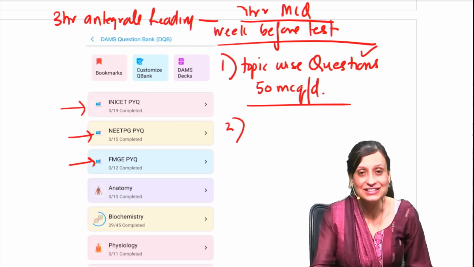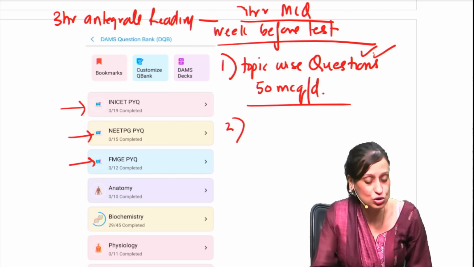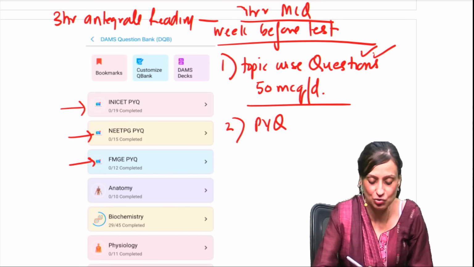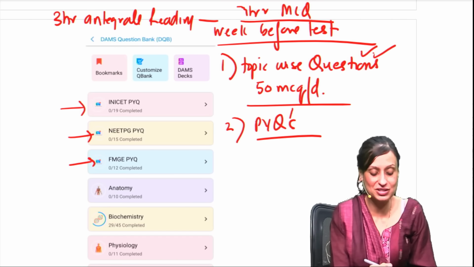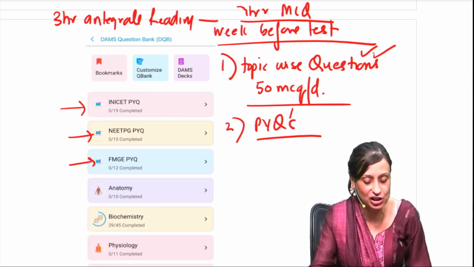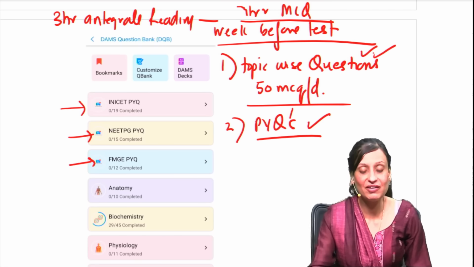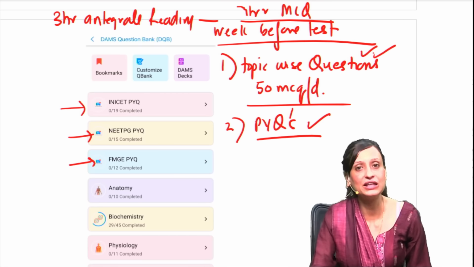In this 1 hour of MCQ practice, we can do topic-wise MCQs, but I also want you to cover the PYQs. They are in your DQB section at the top. You see INI-CT PYQs, NEET PG PYQs, and FMGE PYQs. So please cover the PYQs also in this particular week before the test.